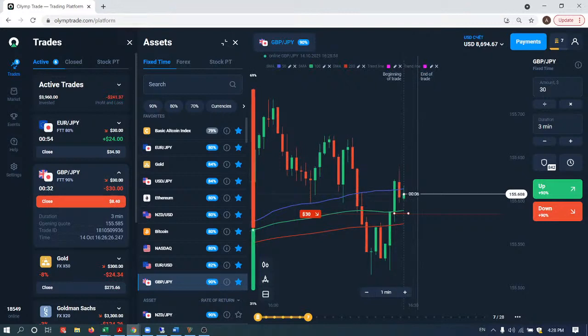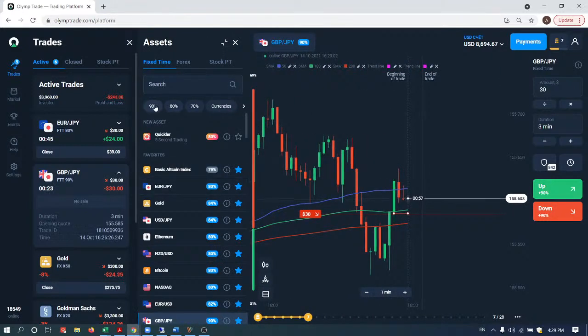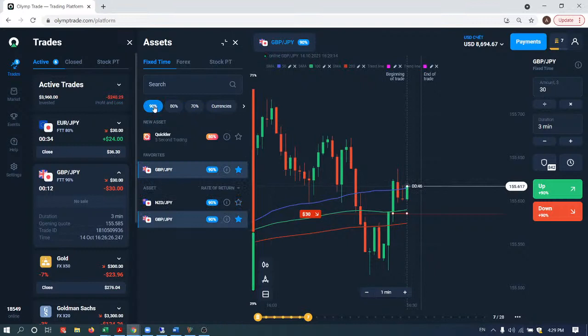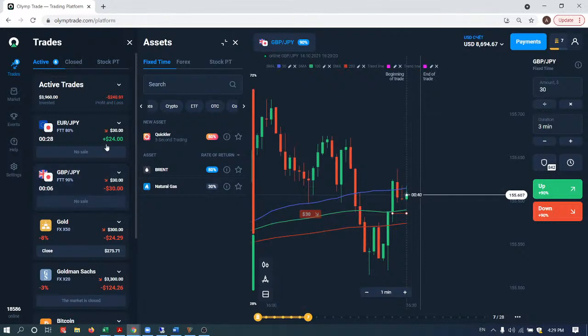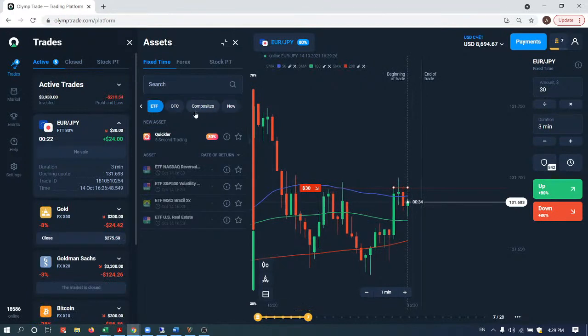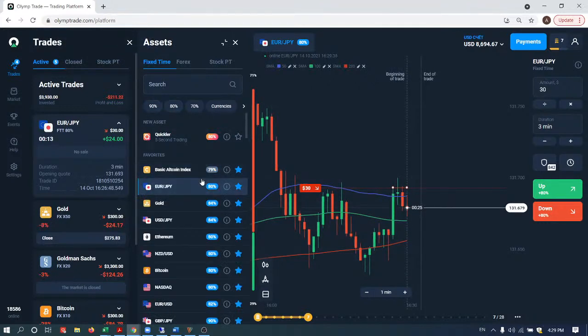Can you tell us about assets options? How should we use them? Well, we have different assets and we have different filters. If you want to filter out only the most profitable assets with, say, 80% rate of return or more, or just 70 or 90, or you want to sort out currencies or metals, commodities, this is all designed for your convenience, so that you can only select something that you understand, how some assets work.